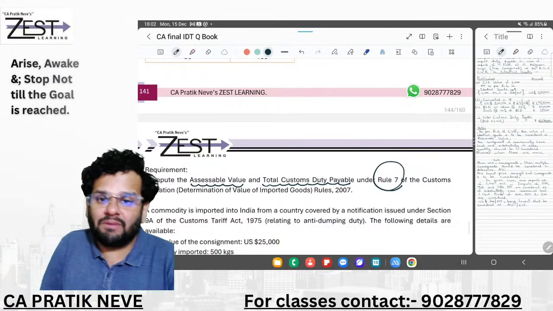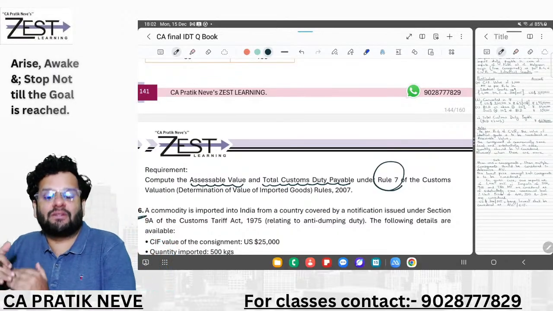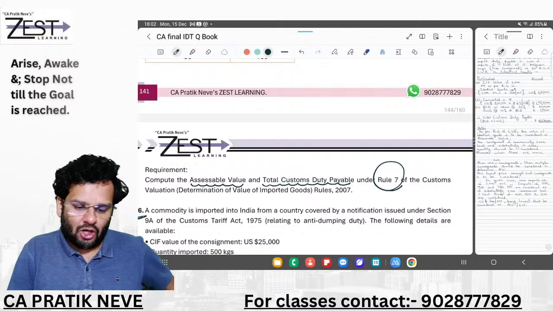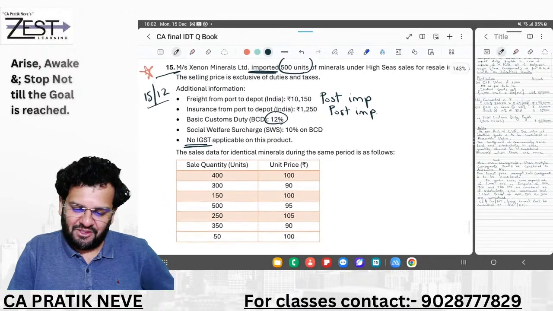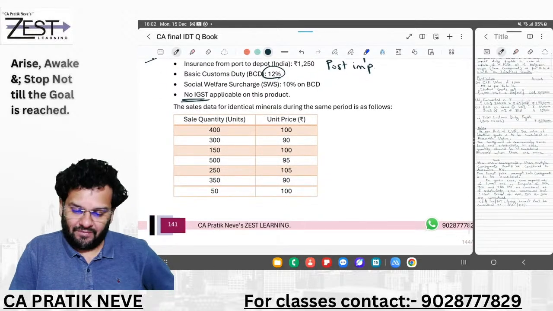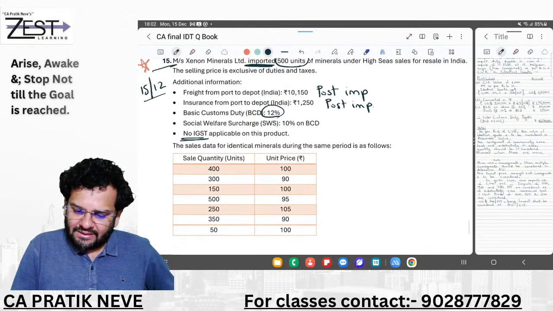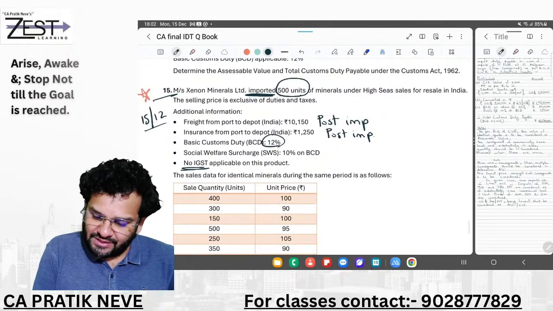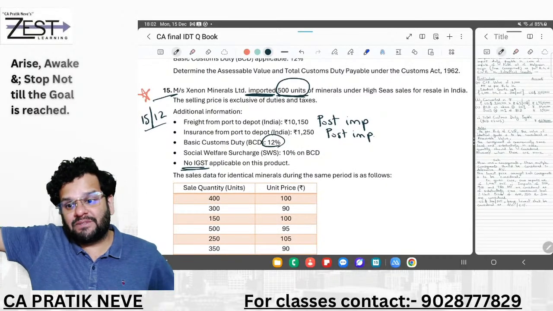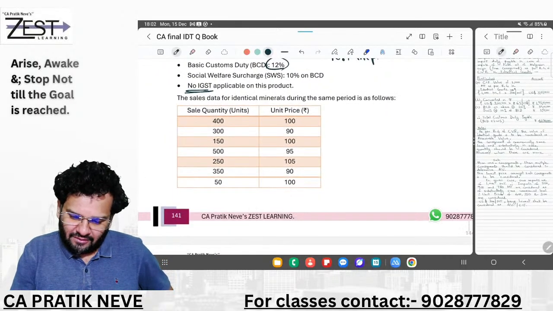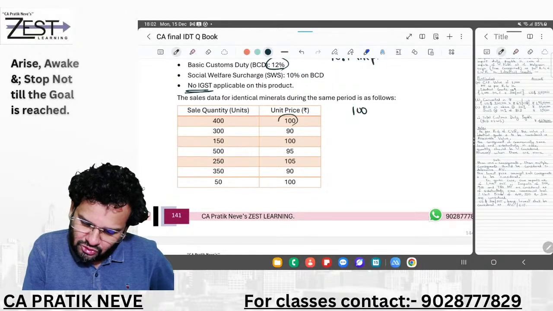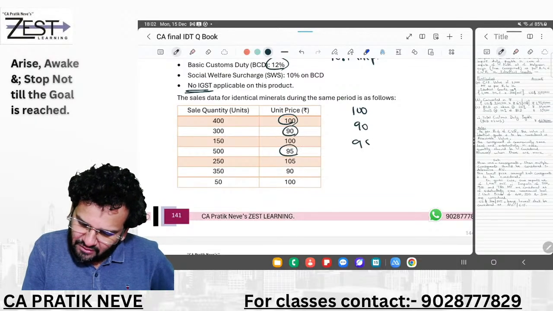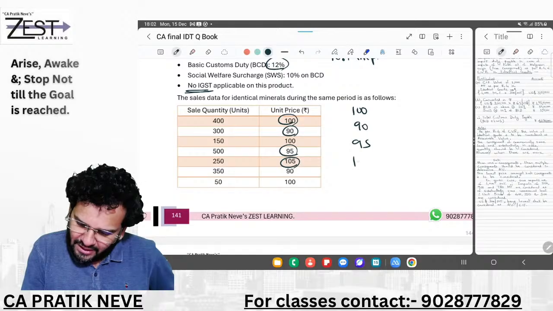Now, for how much you are selling in India, that is given. You have to compute assessable value and total custom duty payable, and it's given specifically under Rule 7. Under Rule 7 means deductive value method. Now, what is meaning of deductive value method? Means what you will do, understand. Such goods, 500 units, what is its ideal selling price in India? That you will check. Now, is it 100? It could be 100 also, it could be 90 also, it could be 95 also, it could be 105 also.